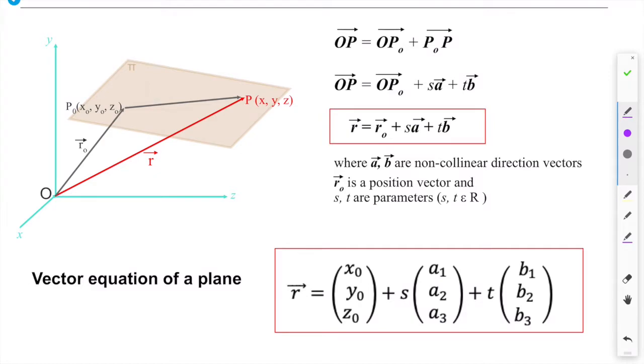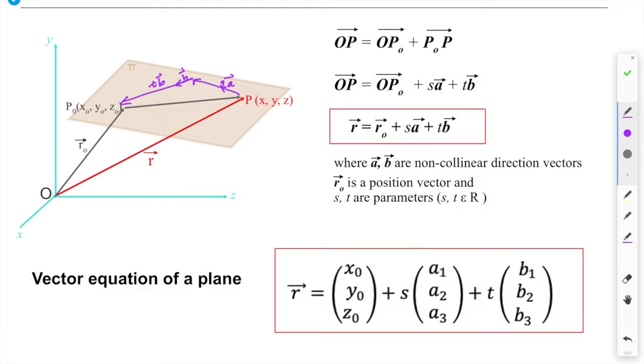Because I know that the vector P naught P lies on the plane, if I have any 2 directional vectors A and B, I can draw them randomly. So anything along the direction of A plus anything along the direction of a smaller vector B, call that TB.